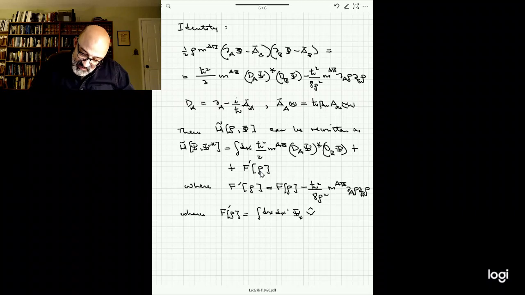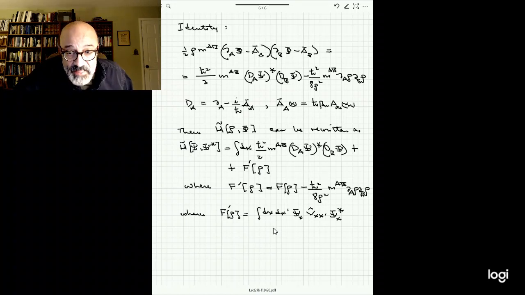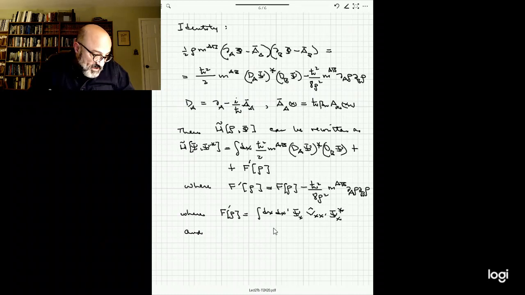Let's write it like that, where I introduced a new kernel here. Let me write, here's the kernel, x prime. It's quadratic, and it is supposed to be independent of phi.